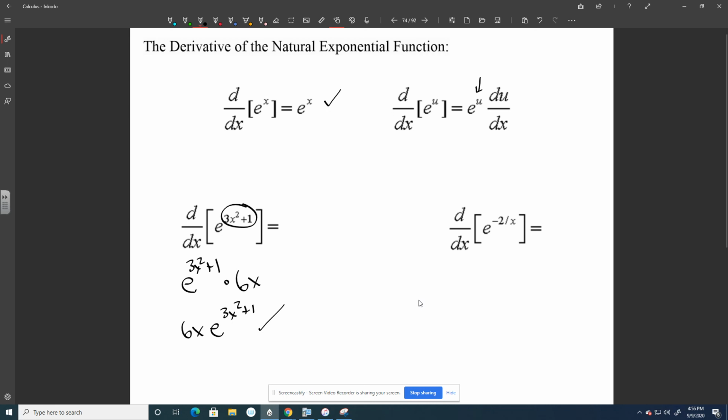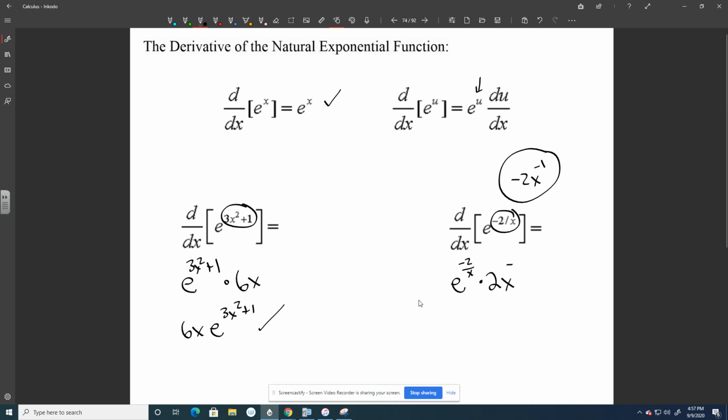The one on the right, e to the negative 2 over x. The derivative of e to the negative 2 over x just becomes e to the negative 2 over x. But then I have to multiply by the derivative of the exponent, which is really negative 2 times x to the negative 1. If I make this x to the 1 and move it up, it becomes x to the negative 1. So when I take the derivative of this, I get negative 1 times negative 2. That's positive 2.